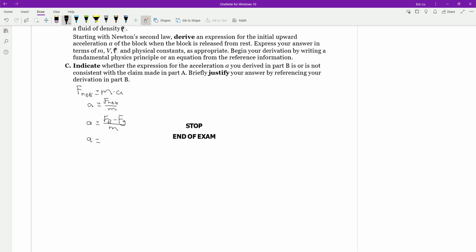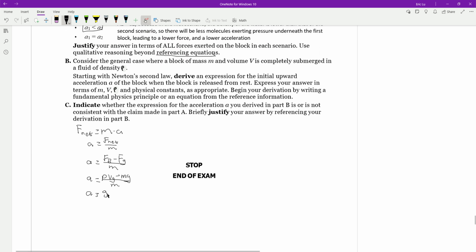The force for buoyancy is ρVg, where ρ is the density of the fluid, V is the volume displaced, and g is the acceleration due to gravity, and Fg is simply mass times gravity, over m. And I would just factor out g: g times (ρV minus m) over m.